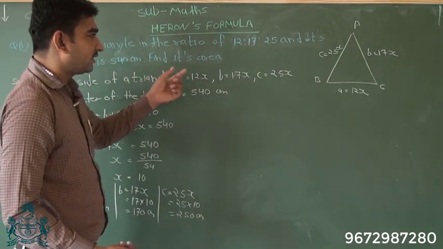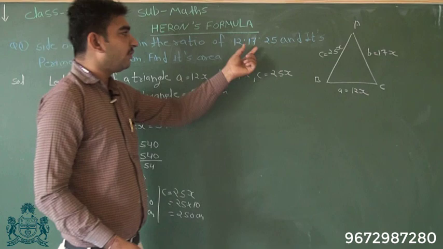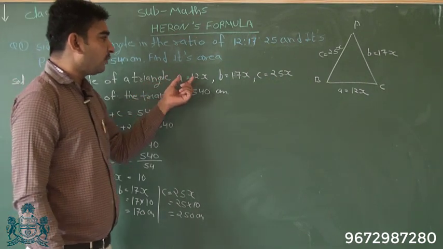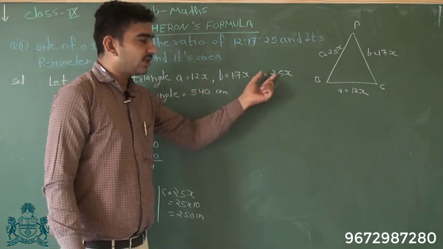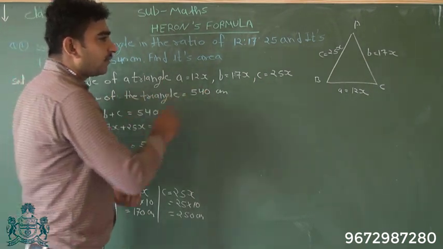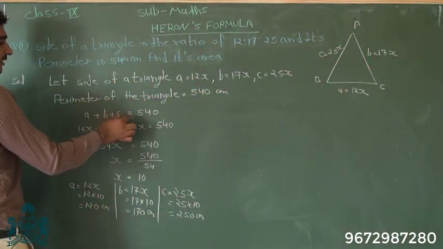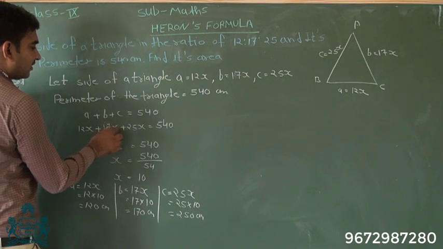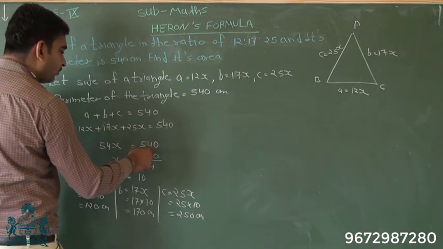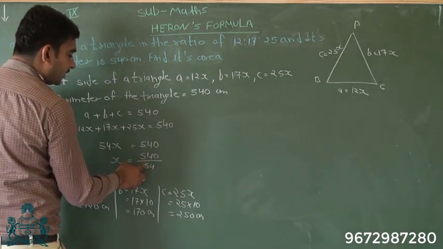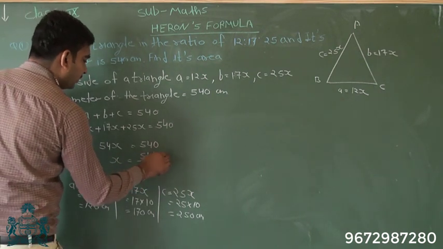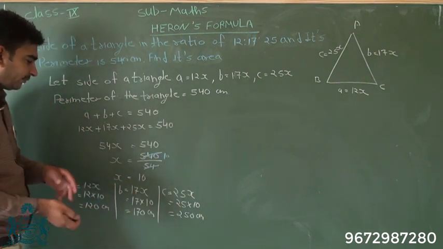The sides of the triangle are in the ratio 12:17:25, and let the sides be a equal to 12x, b equal to 17x, c equal to 25x. The perimeter of the triangle is 540, so a plus b plus c equal to 540, that is 54x equal to 540, x equal to 540 upon 54. 540 cancels 10 times, so x equal to 10.